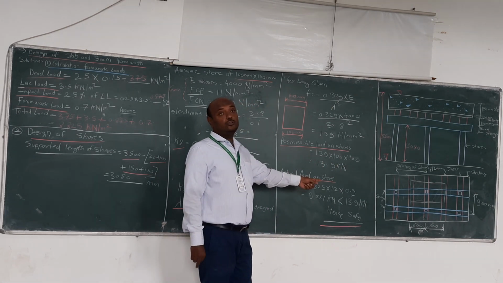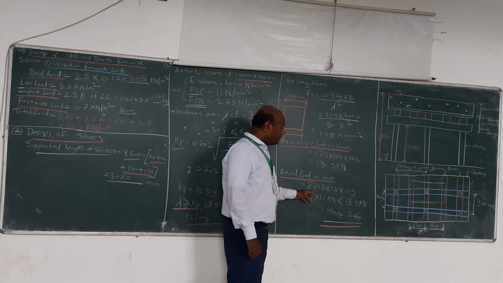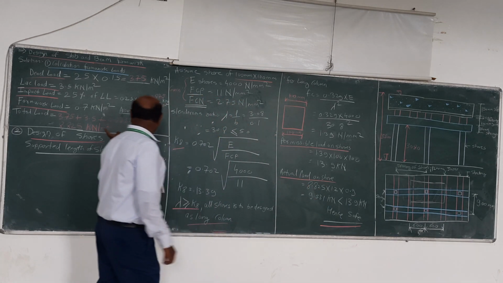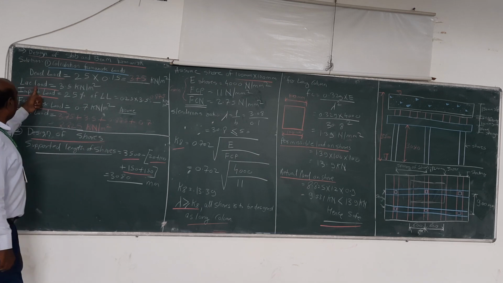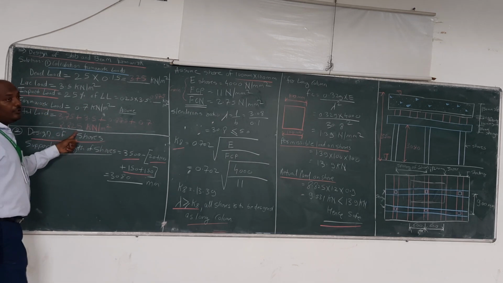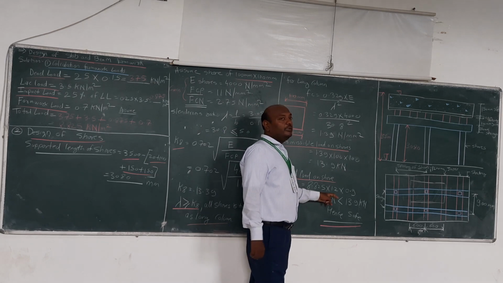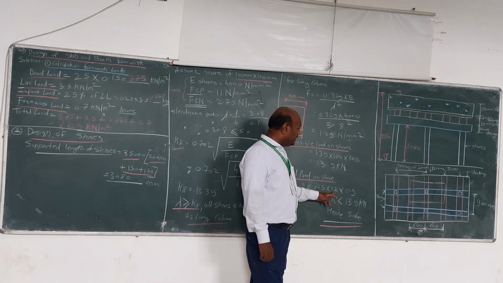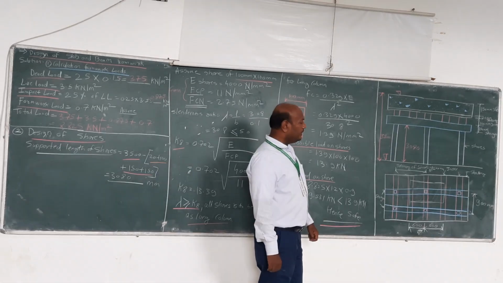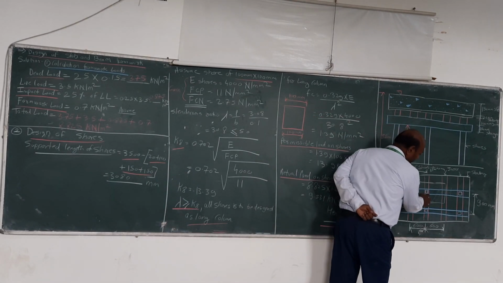Now, the actual load on the shore. How much is the actual load on the shore? First of all, we have calculated the total load, that is the dead load, live load, impact load, which is 8.825 kilonewton per meter square. This is multiplied by the area, 1.2 by 0.9. What is 1.2 by 0.9? See, this is the shore which we are providing.